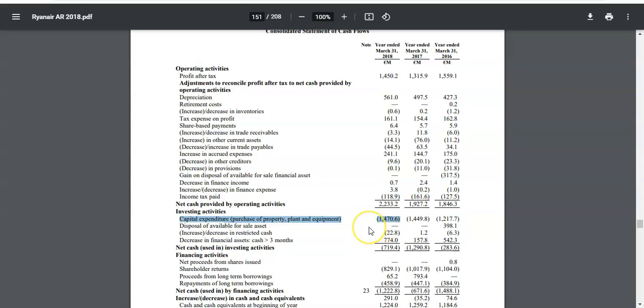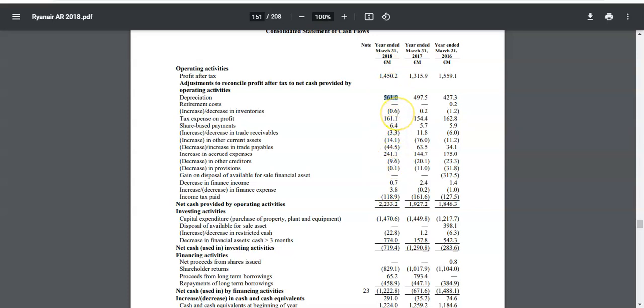What does go into the profit or loss statement instead is this thing called depreciation, which is essentially like wear and tear every year. It's not a cash flow, it's an accounting adjustment. You're writing off the cost of the asset over its useful life. So what we're saying is, although you made profits of 1.4, that's actually a non-cash adjustment. So your true cash flows, if you're trying to work back, is going to be 561 bigger.